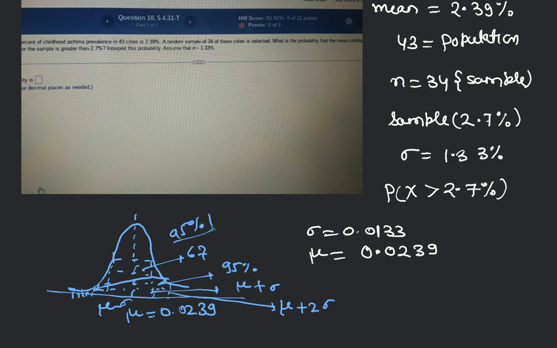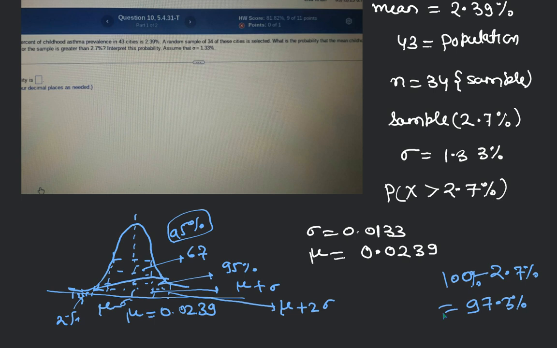So for greater than 2.7%, I just subtract 100% minus 2.7%. What am I getting here, can you please let me know? Yes, 100% minus 2.7% is 97.3%, right?